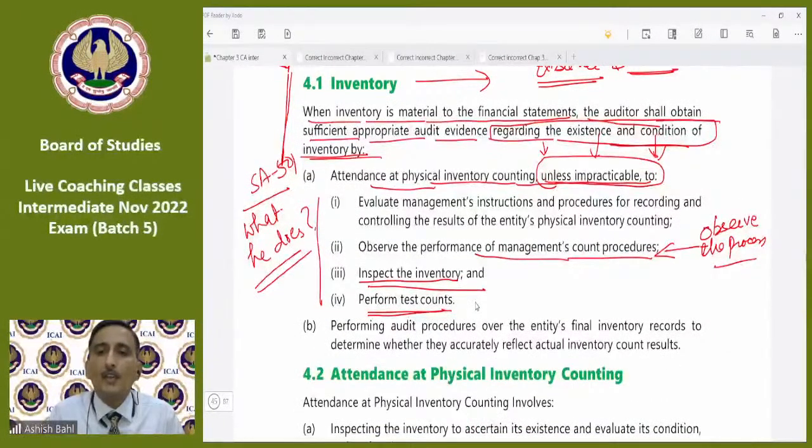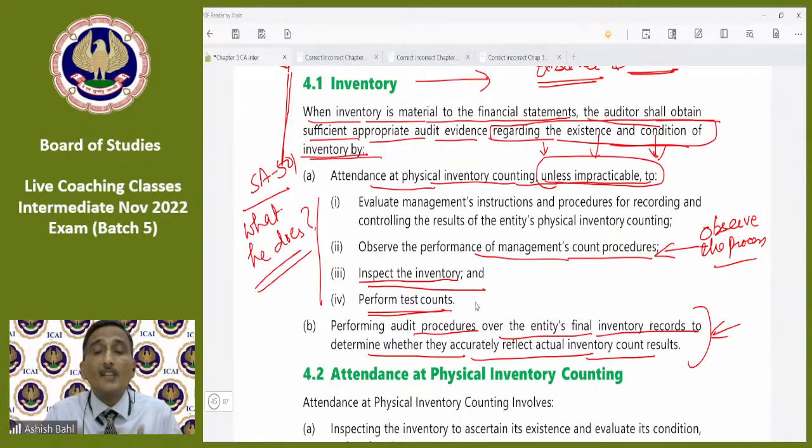And number 4 is performing audit procedures over the records. It means that the auditor shall also apply audit procedures to see that physical inventory is reconciled with inventory records.